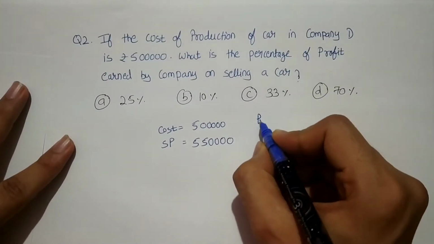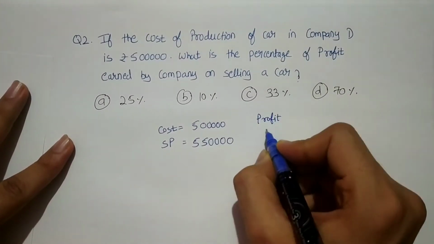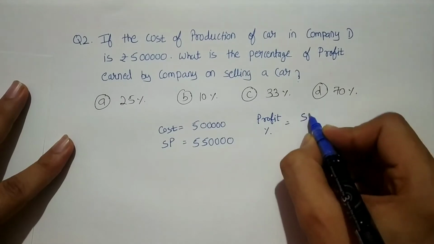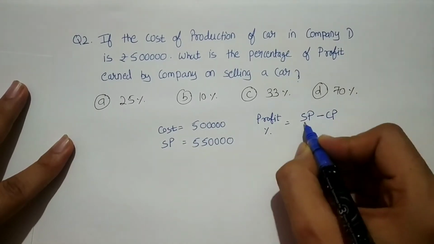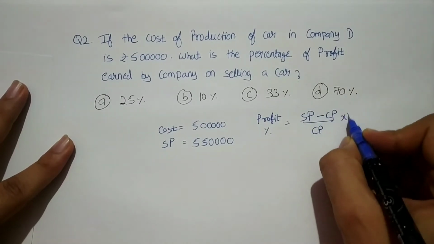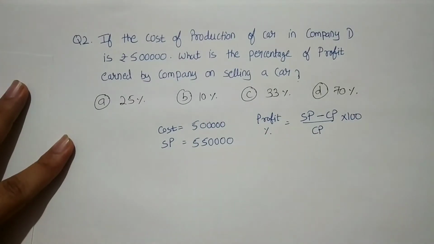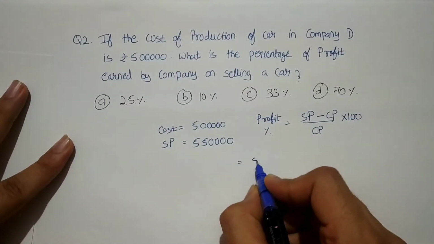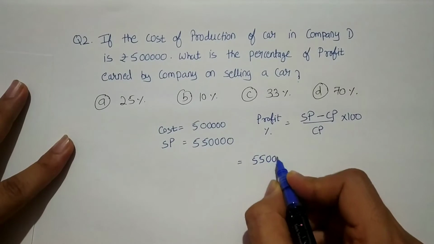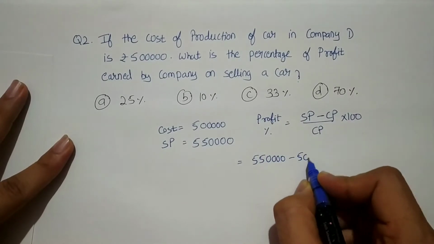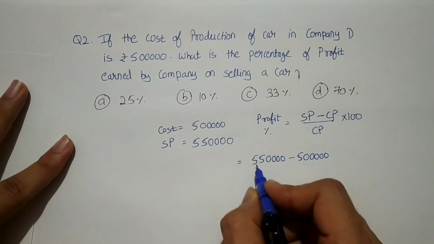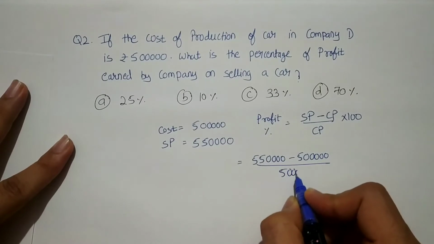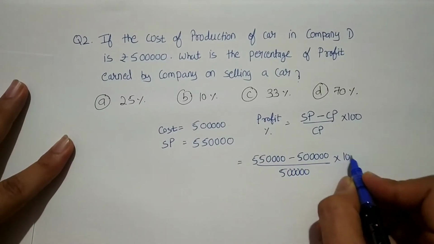Now what is the formula for profit percentage? Profit percentage formula is selling price minus cost price divided by cost price into 100. We know this formula, right? So just apply the formula. Selling price is 5,50,000 minus cost price 5 lakhs, divided by 5 lakhs into 100.